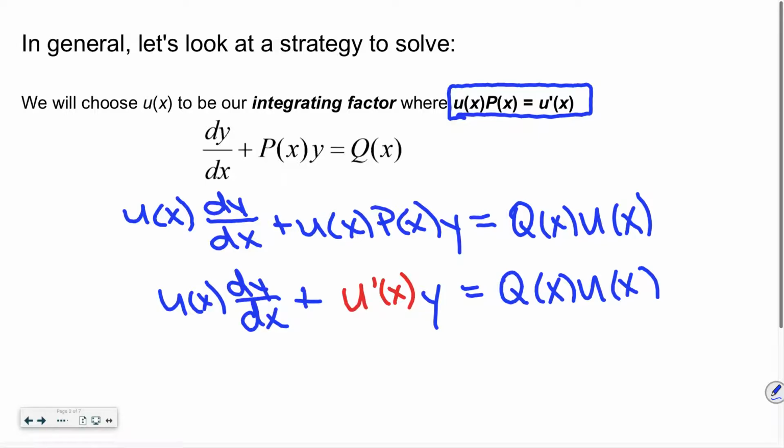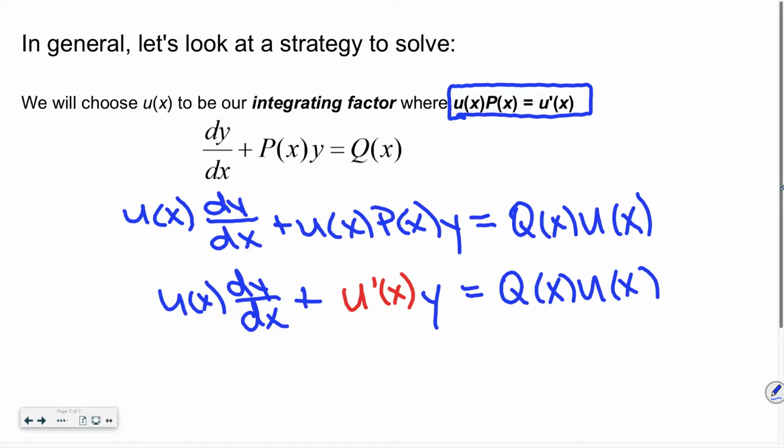Well, u of x dy dx is the same as u prime of x. No. dy dx is y prime. d dx is what you're thinking of. Okay, say it out. All three of you know it. It's a product. It's the product rule, right? Oh yeah. Wow. That's great.